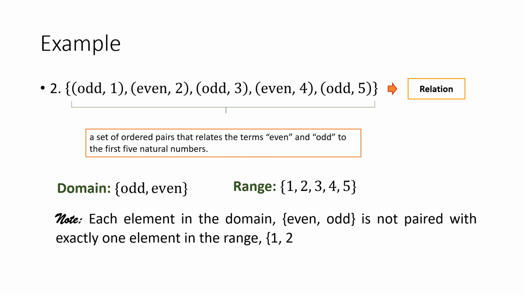We observe this since we have only 2 elements in the domain and 5 elements in the range. But again, this is still an example of a relation.